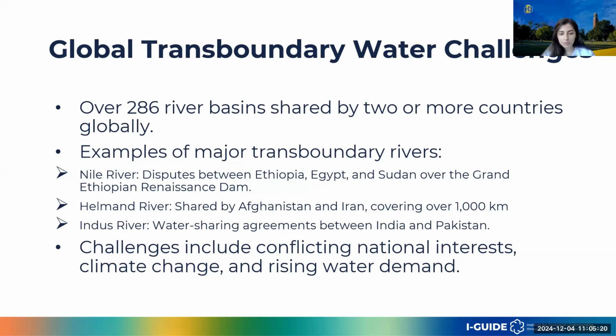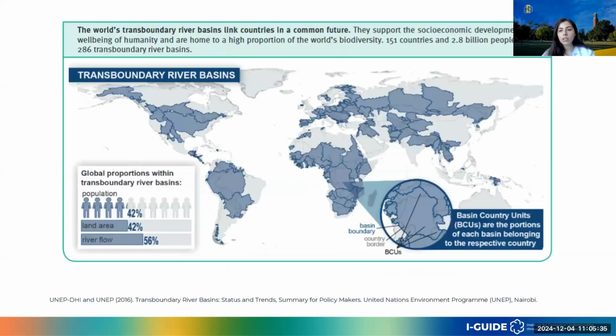And these challenges include conflicting international interests of the countries. Climate change is one of the challenges facing these transboundary water bodies, along with rising water demands in these areas. So let's just see the locations of these river basins. These dark blue areas and regions are those with the transboundary river basin.